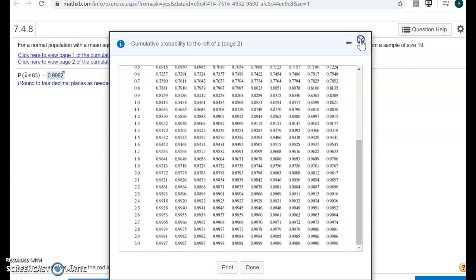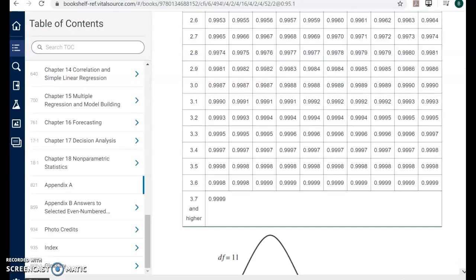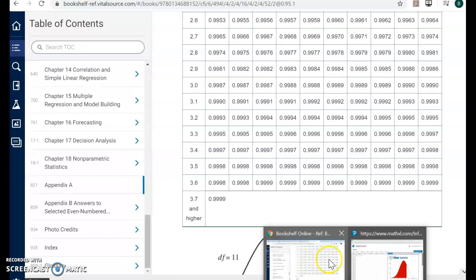So what we're going to have to do is open our book, go to your bookshelf, go to the appendix. If you go to 3.17, you will see that the cumulative probability up to 3.17 would be 0.992.